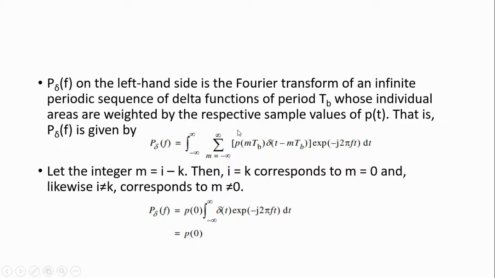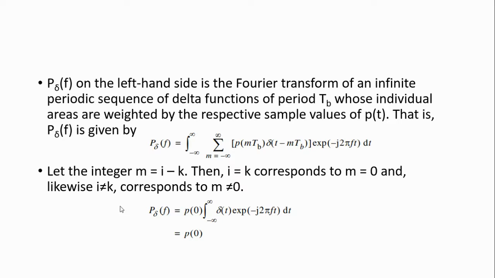This is the given function, and we take the Fourier transform of this function. If we take the Fourier transform, we will get P_delta(f). Here P_delta(f) is the convolution of H(f), C(f) and G(f).